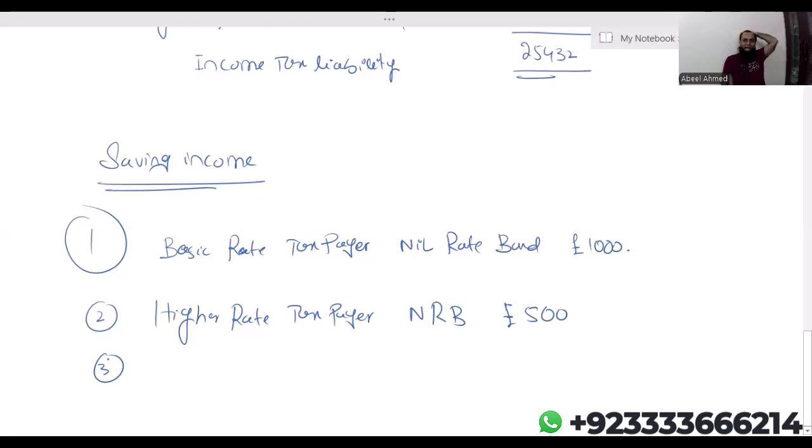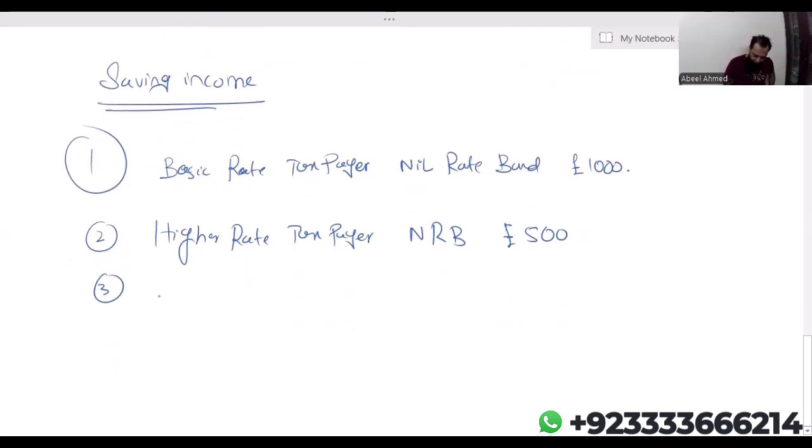That person is an additional rate taxpayer. Wow. If someone is an additional rate taxpayer, really wealthy, then HMRC in the UK, that is the UK taxation authority, they say that an additional rate taxpayer will not get any nil rate band for its saving income. Great.